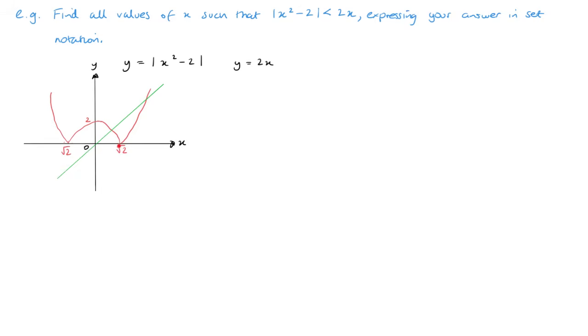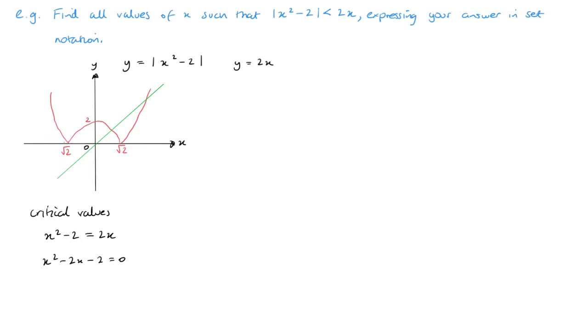This is going to be on the part of the graph that the modulus sign doesn't affect. So, critical values: we're going to have x squared minus 2 equals 2x. So x squared minus 2x minus 2 equals 0.